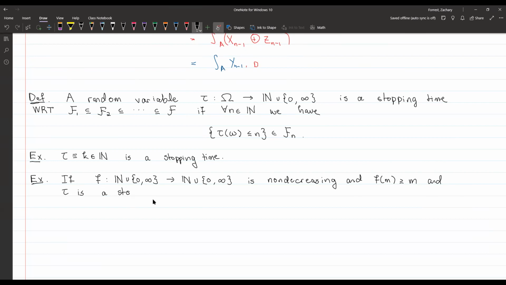In fact, I'm just going to abbreviate this here. Hopefully you guys are all comfortable with that. I'm just going to write an ST for a stopping time. Then tau prime, which we define to be f composed with tau, is a stopping time.